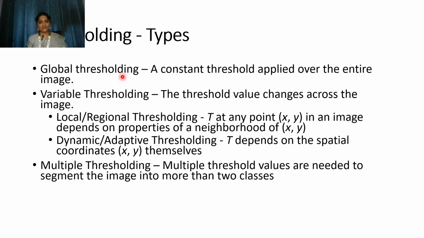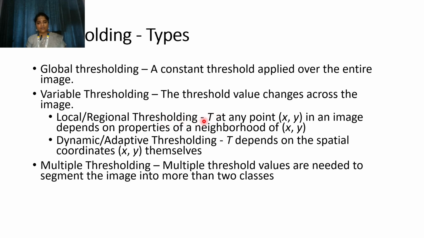First is global thresholding. Here we are going to use a single threshold applied over all the pixels of the image. The next is variable thresholding. In variable thresholding, as the name suggests, the value of the threshold is going to vary depending on the location of the pixels. Under variable thresholding, we have two different categories. One is local or regional thresholding.